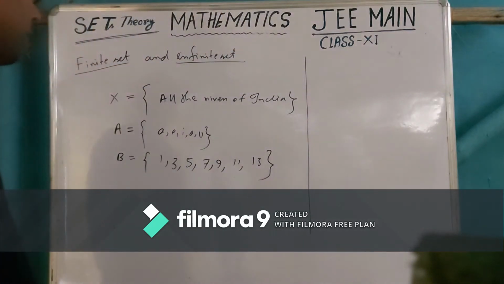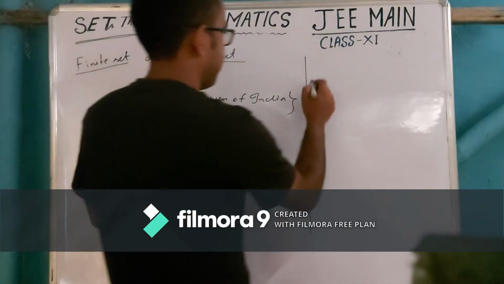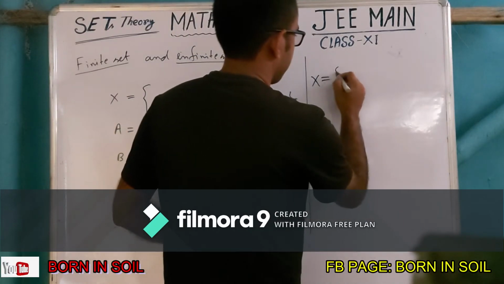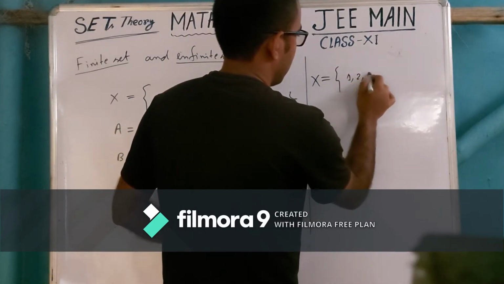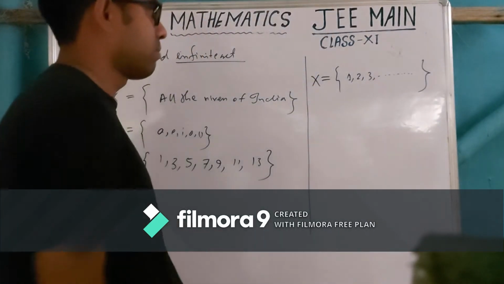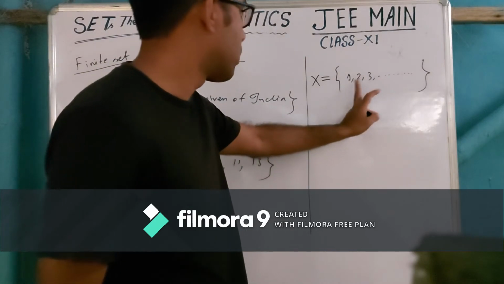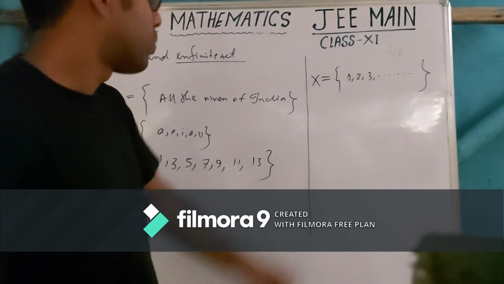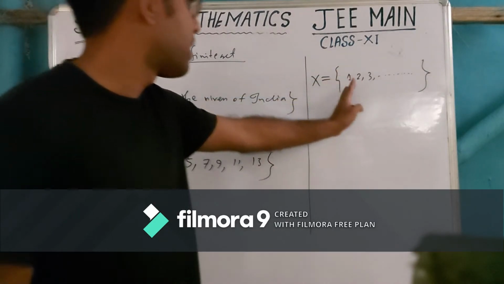We now consider a set X equal to {1, 2, 3, 4, 5, 6, ...}. We see that this set is not countable.